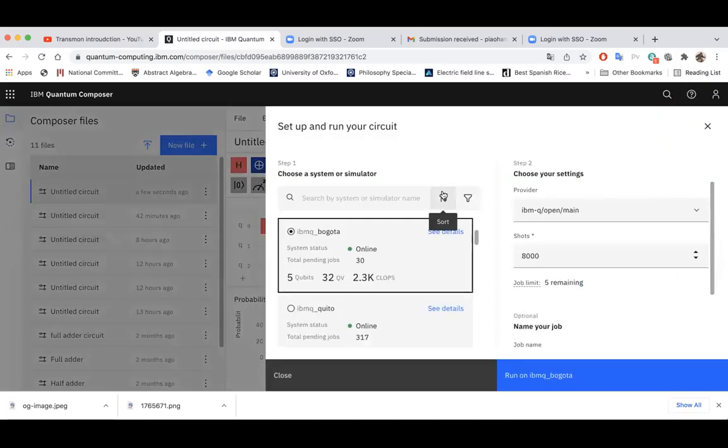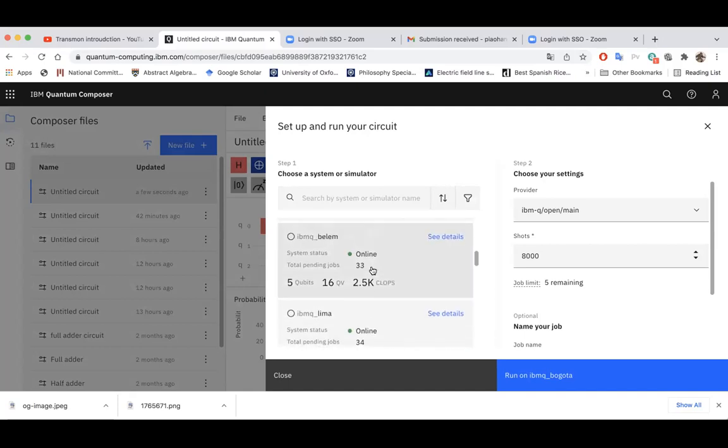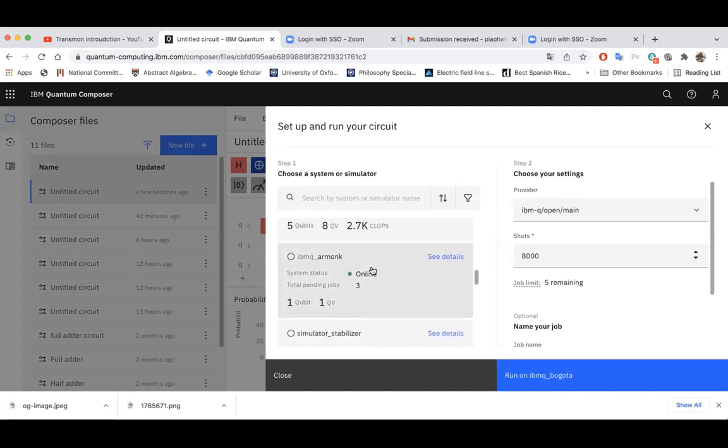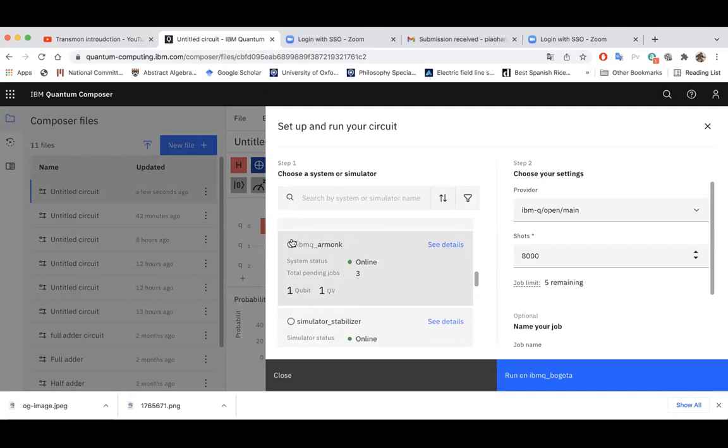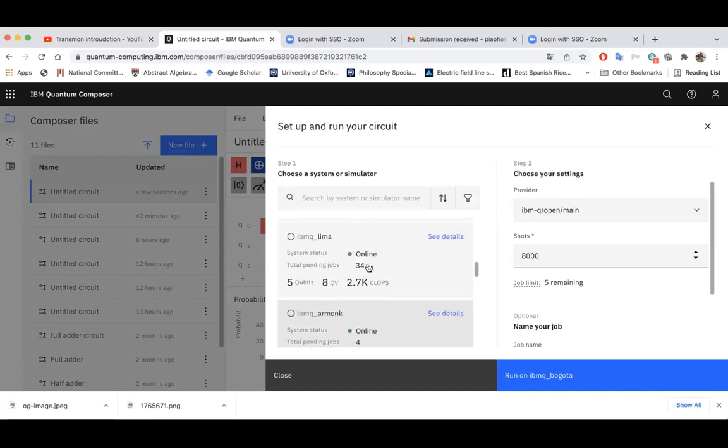I'm doing this at night right now, so hopefully there won't be any queues. Well, the queue is not very long. This one wouldn't work. It only works for 1 qubit.